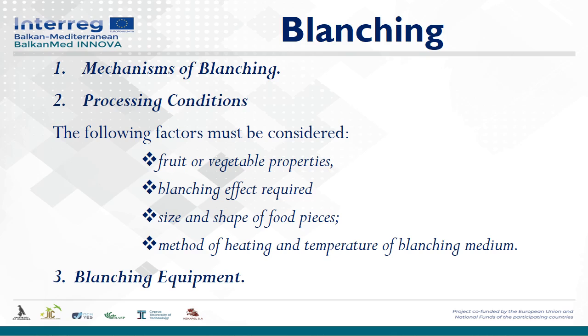Peroxidase is a high temperature resistant enzyme, so it is used as an indicator of blanching effectiveness. Although, if a small percentage of it remains active, for some products this may be acceptable.